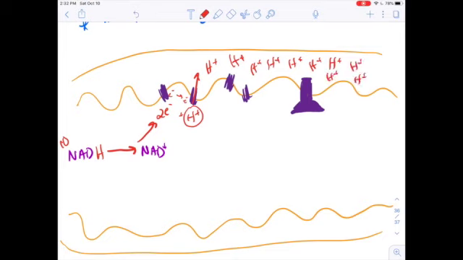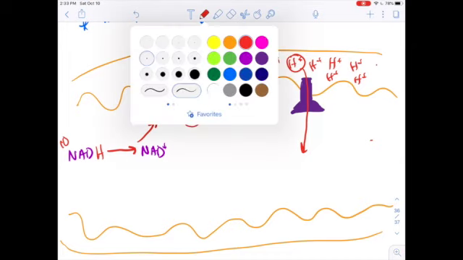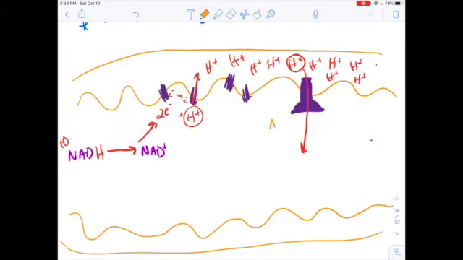That sets up an electrochemical gradient that's not stable. So it's not stable to have 10 up here and 0 down here. So 5 of these osmose through ATP synthase, and the cell goes, yay, we can make ATP from ADP now. But let's see, so 5 of these are going to come through, right? 1, 2, 3, 4, 5.